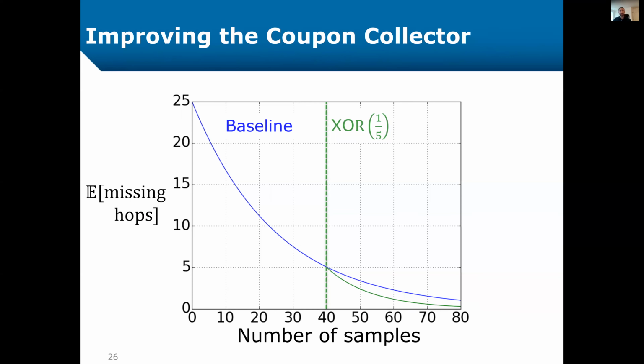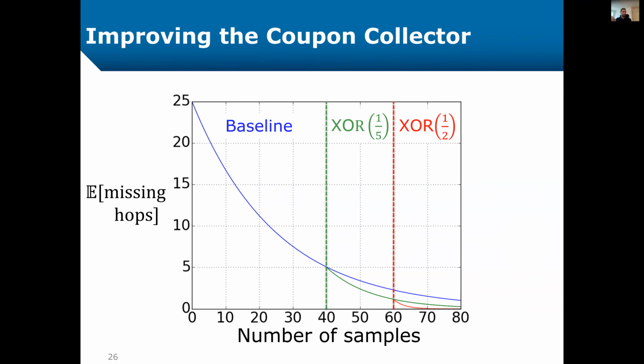But once again, it slows down, right? So there's no need to stop here. We can switch to another XOR algorithm with an even higher probability and get another speedup. And while this may not seem significant, the baseline would need a lot more packets to finish this decoding. I will show that in a bit.